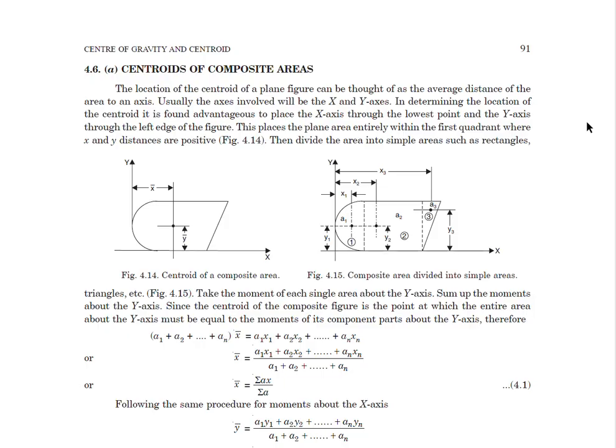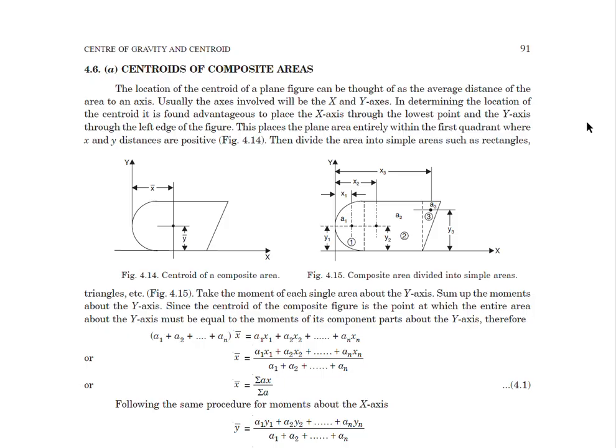The first part is a semicircle with area A1, the second part is a rectangle with area A2, and the third is a triangle with area A3. As we have already discussed in our previous video, the centroid of all these entities, like circle, semicircle, rectangle, triangle, can easily be calculated.